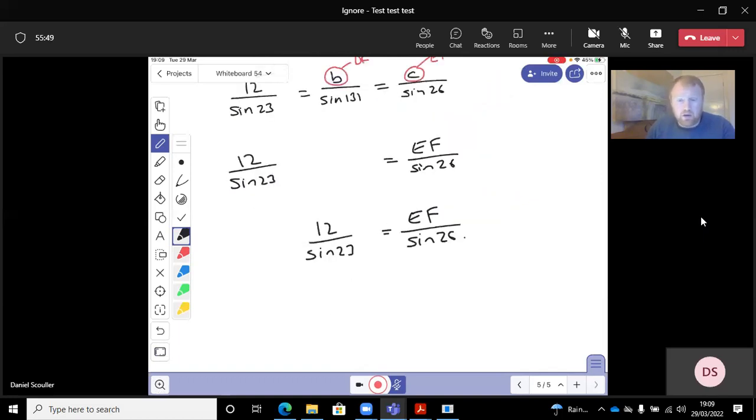Now it's a case of rearranging. We're bringing that sine 26 over here. It's a divide on the right hand side, so when we move that across, it becomes a multiply. So it's just 12 sine 26 over sine 23. That's what you're putting in your calculator.